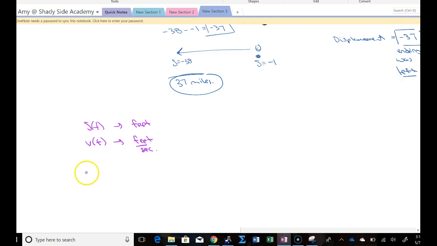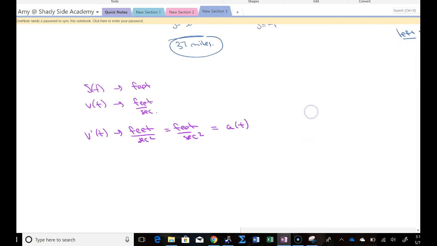The units of the derivative of velocity is then going to be feet per second squared. And feet per second squared is describing acceleration.